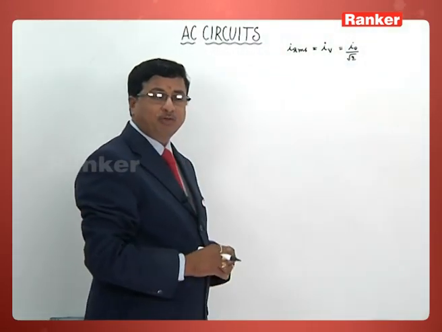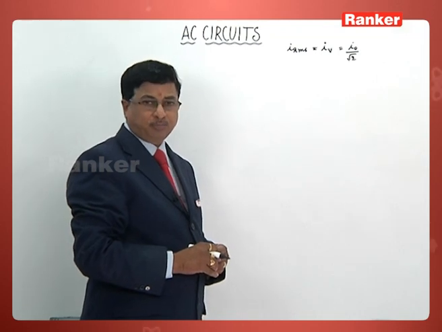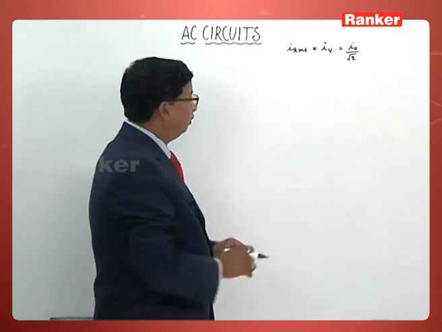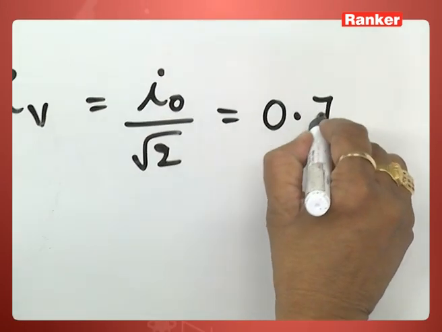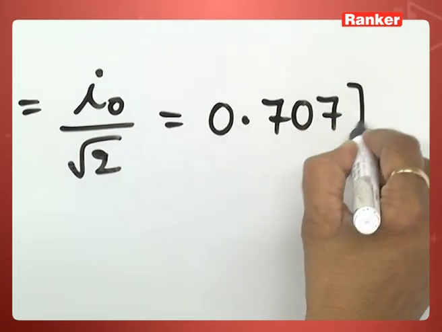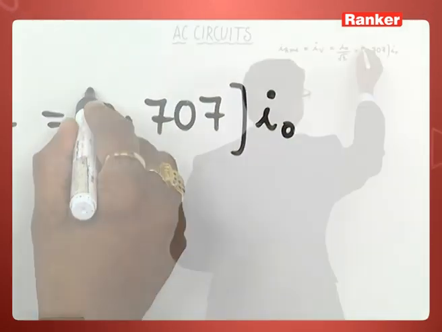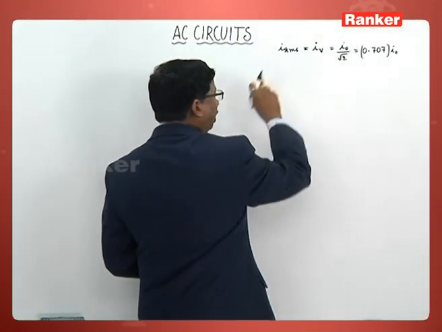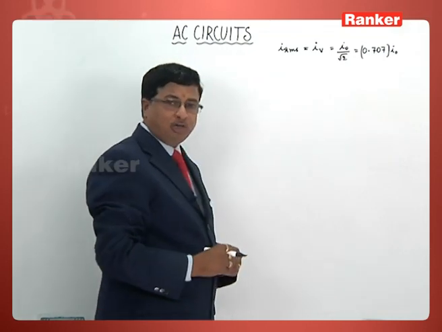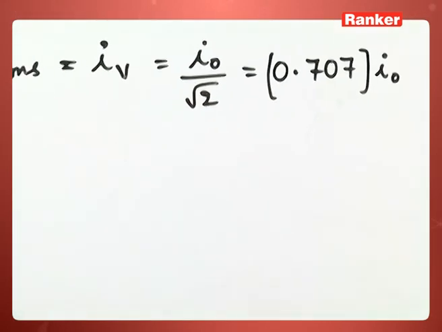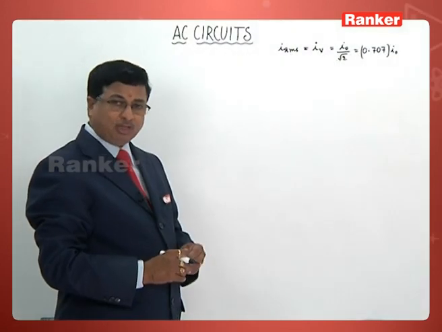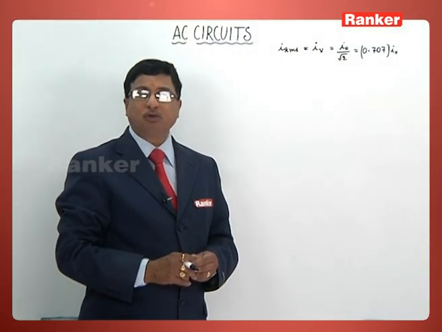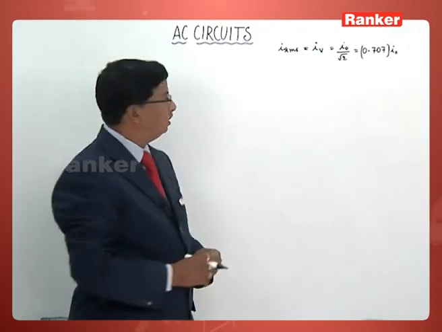I naught is the maximum value of alternating current. This value is equivalent to 0.707 times I naught. So the RMS value of current we can represent by the formula I naught by root 2, which is equivalent to 0.707 I naught.